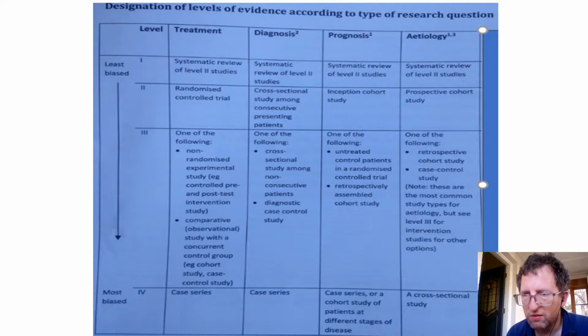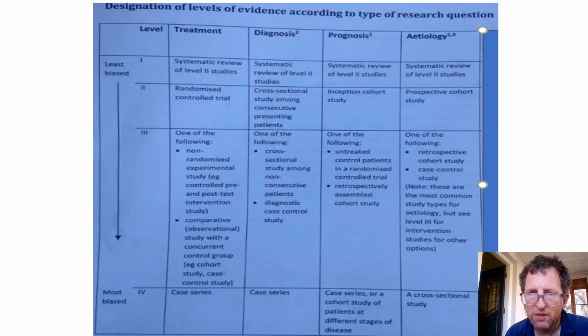What might be a prognostic question? How does a person who's been newly diagnosed with Alzheimer's compare with a person who doesn't have Alzheimer's in terms of how long they survive? And then there might be etiology questions such as do PPIs cause gastric carcinoma? Now there are other question types as well, but just for the sake of keeping this fairly short, I'll just focus on these particular ones.